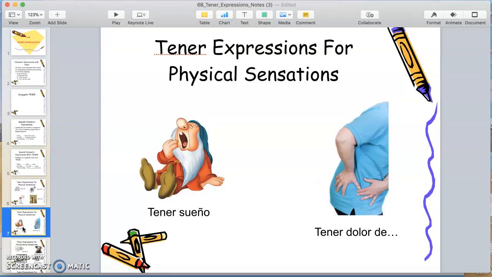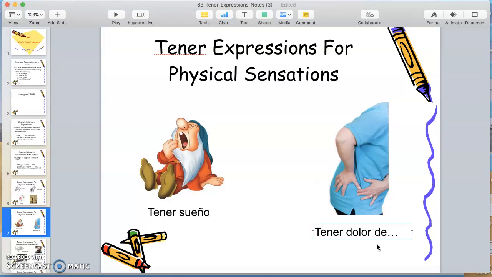All right, so this woman over here in blue, tener dolor de. You must have the de. It's like tener que más infinitivo. I can't have tener and an infinitive. I need the que in between. So what goes on here is I need to have the de, because after that comes something else.